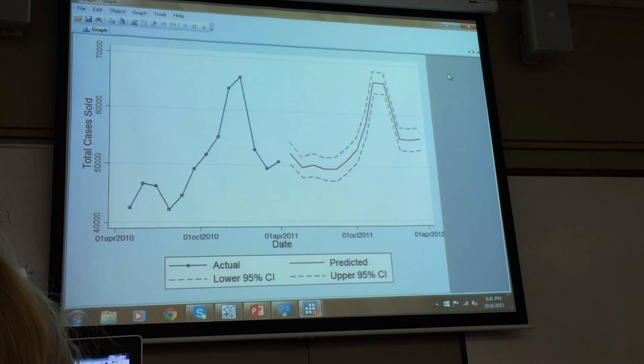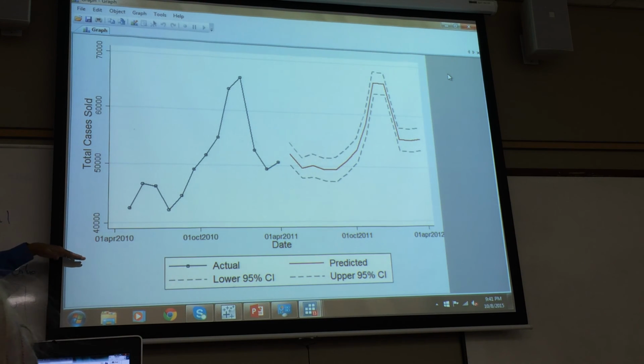Do you put cases before cases hat to get the actual? Correct. Actually, it doesn't matter which order. You can rearrange these any way you want as long as they're all before date. The last variable you have there is going to be the x-axis variable. But the order of these doesn't matter.